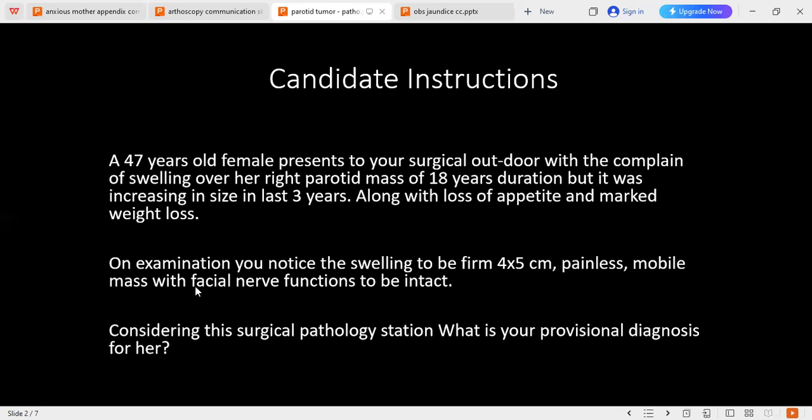That means the cells are arranged haphazardly and bizarre, with different large and small sizes of nucleus and cytoplasm. There could be hyperchromatism. That means the nuclei would be more prominent and darkened, and there could also be anaplasia. There would be less differentiation or poor differentiation, or absence of the differentiation.